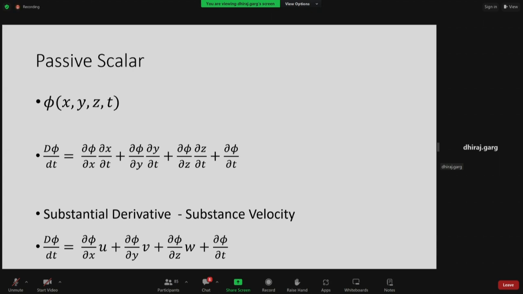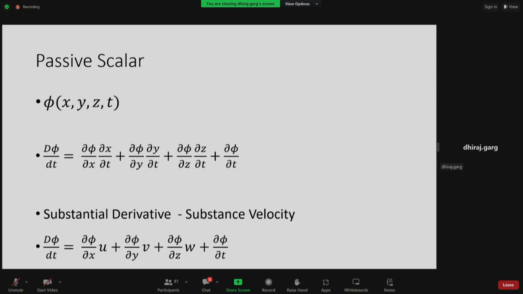Take an example, as you can see in different books also, of a boat. If you are sitting in a boat in a flowing river, and the boat is driving by its own mechanism, let's say against the flow or in any direction, its velocity dx by dt, dy by dt, dz by dt would be different from the river velocity at that point. So this dx by dt, dy by dt will correspond to the boat.